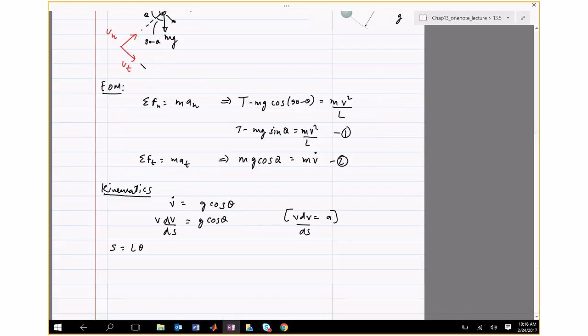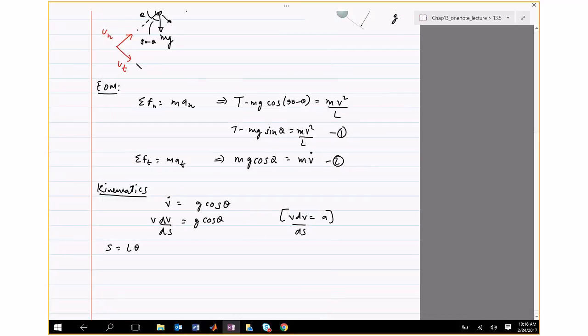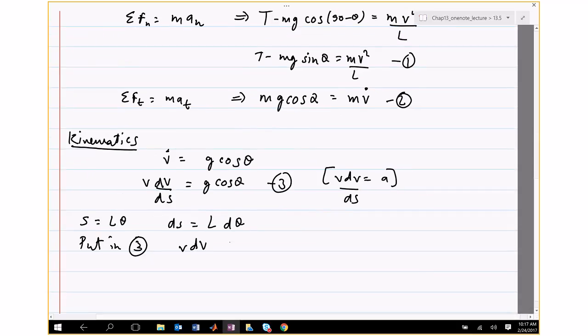So s equals L theta is the relation for arc length as a function of theta. So ds is L d theta, right? Put that in equation 3, and we have v dv equals gL cosine theta d theta.